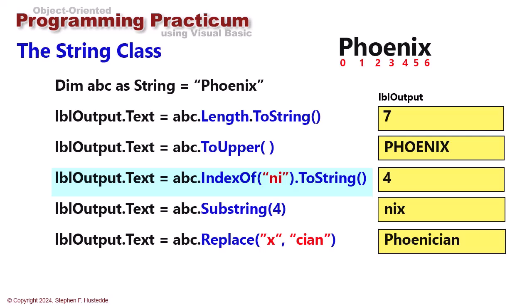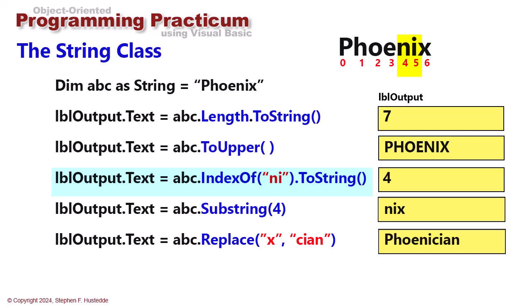ABC.IndexOf. And I'm searching here for the sequence of lowercase ni. Now, if you look up here in the top right, we'll see that each letter occupies an index location. And we start with an index numbered as 0. So in most things in computing, we start counting with 0.